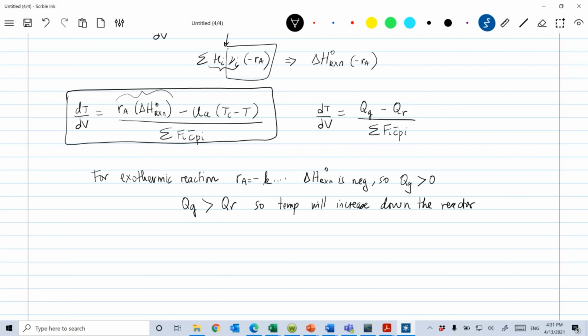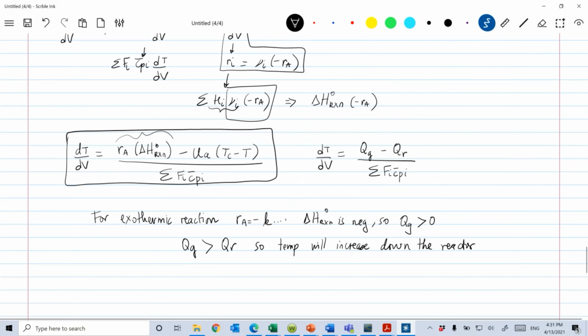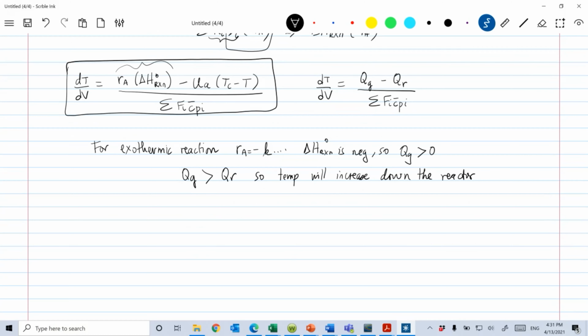in any case, now that leaves us with what I would say is a new differential equation for a packed bed reactor or for a plug flow reactor. For example, if this is a packed bed reactor, we have dT/dW, we'll call this R prime delta H of reaction.